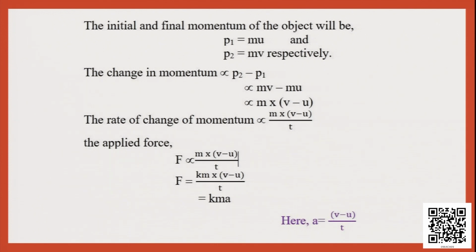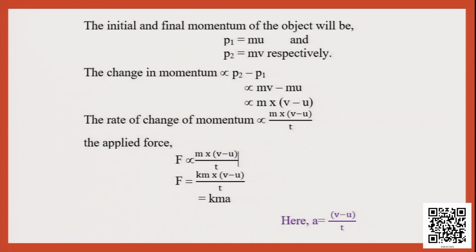Now, if we want to calculate the rate at which the momentum is changing, we have to divide it by the time period. That gives us the expression m into (v minus u) divided by t. Here we know that the rate of change of momentum is nothing but the force applied.